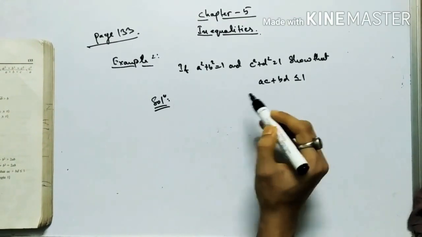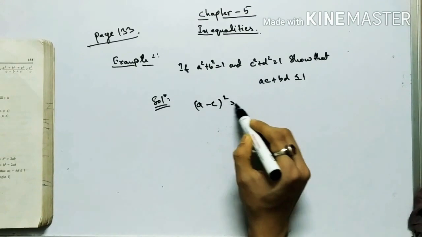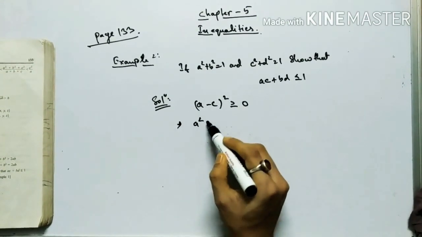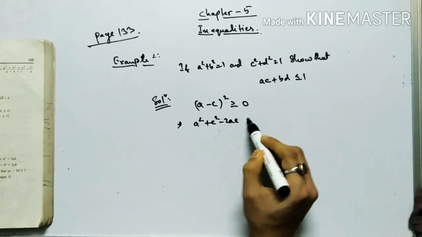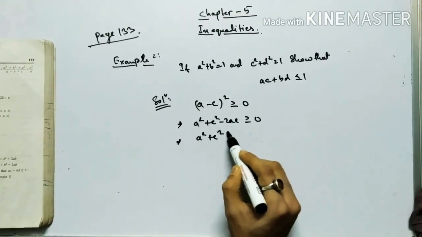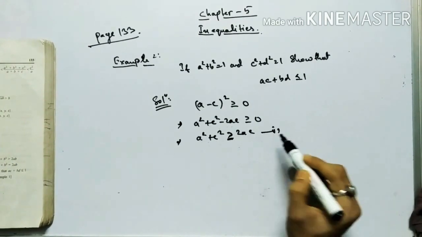First of all, I will take A minus C the whole square greater than or equal to 0. Expanding it: A square plus C square minus twice AC is greater than or equal to 0. Twice AC to the other side: A square plus C square is greater than or equal to twice AC. This is equation 1.